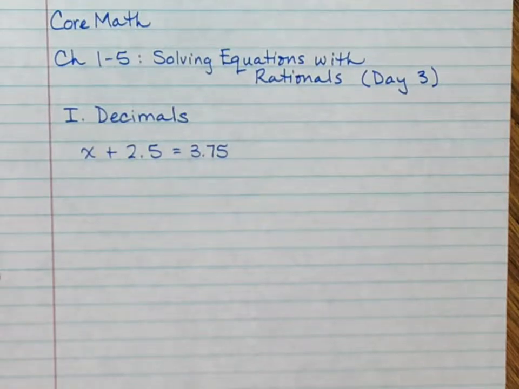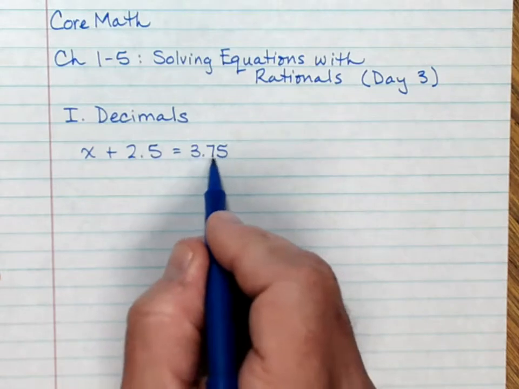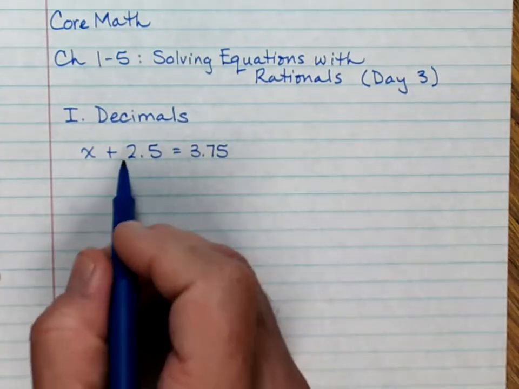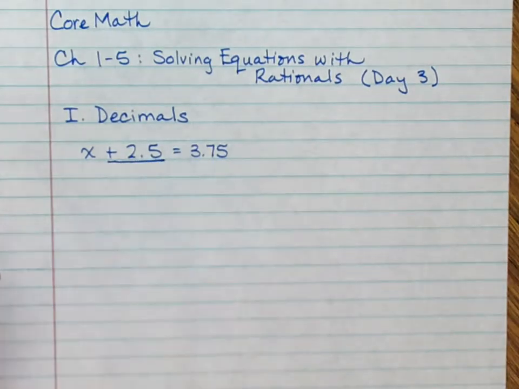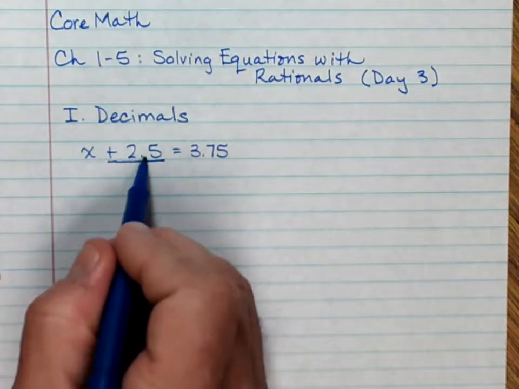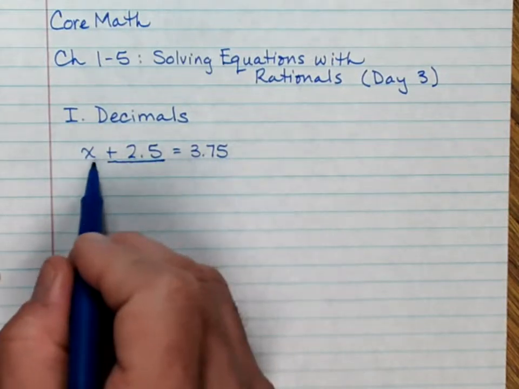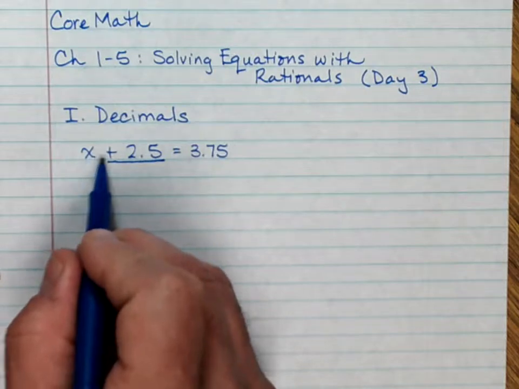So this is x plus 2.5 is equal to 3 3/4, or 3 75/100. We want to do the opposite of this to both sides because this is our variable expression and the whole thing is an equation, but we need to isolate the variable from this constant.